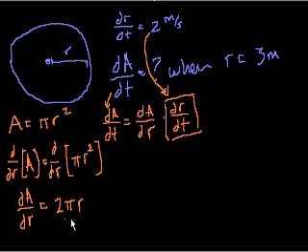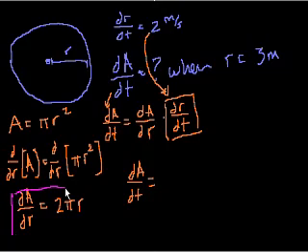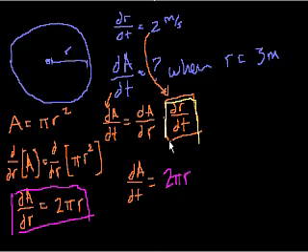So we figured out the rate at which A changes with respect to r. Going back to our original thing, we now know that the rate at which A changes with respect to t is equal to the rate at which A changes with respect to r, which is just 2 pi r, times the rate at which r is changing with respect to t.